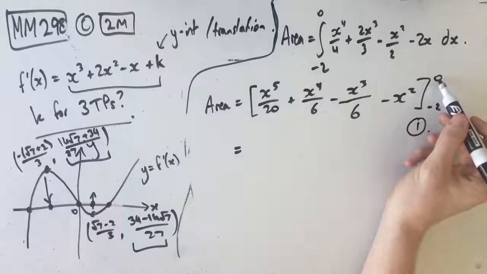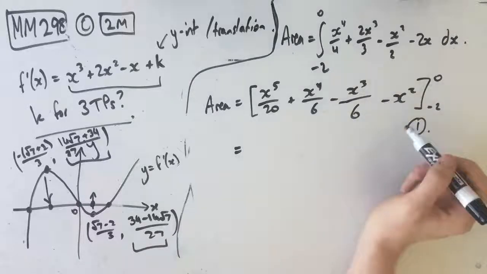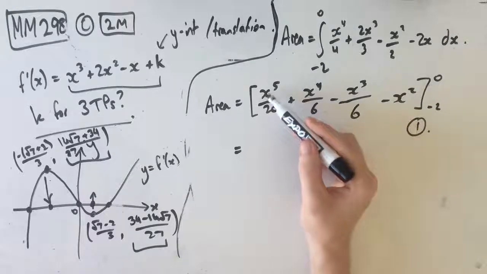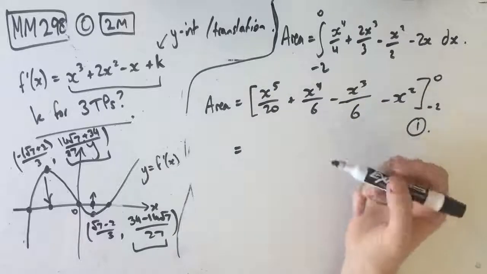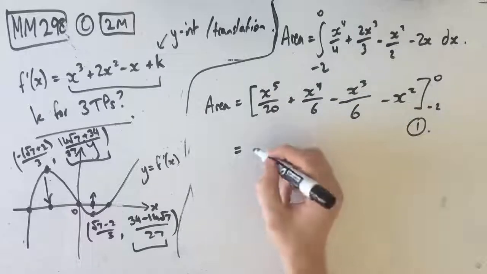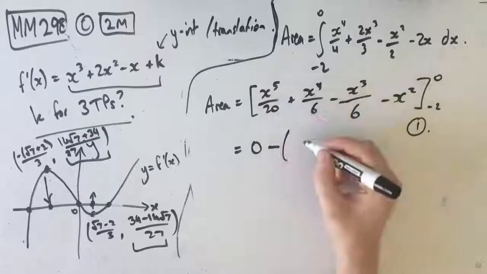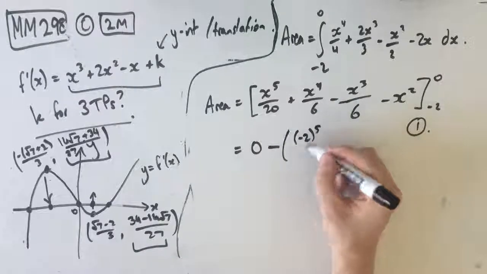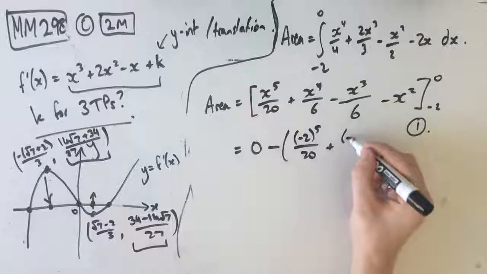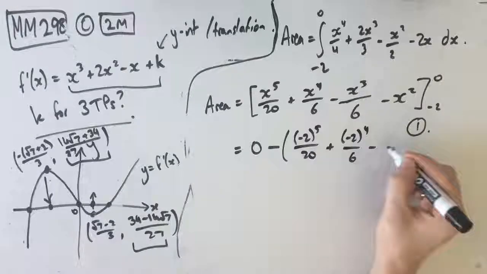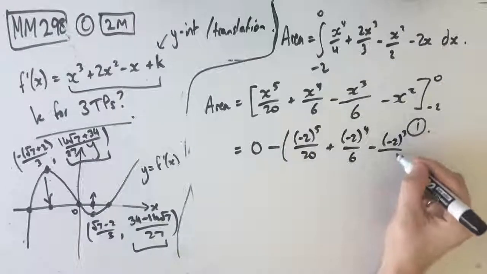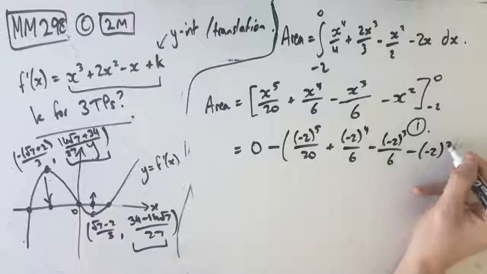So we basically sub in our 0 and our -2. Now 0 is going to sub in here to equal 0, right? All of these are going to equal 0. So we get 0 minus, and then we sub in our -2. So we get -2 to the power of 5 over 20 plus -2 to the 4 over 6, take -2 to the 3 over 6, take -2 squared.